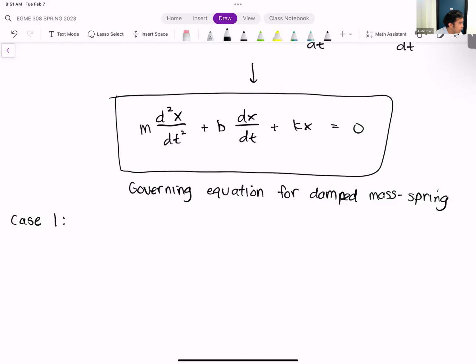All right, so let's review what those three cases are, and then we'll talk about physically what that means. Let me write first the three different types of solutions.